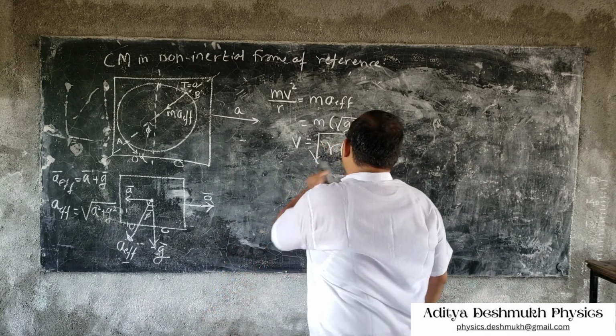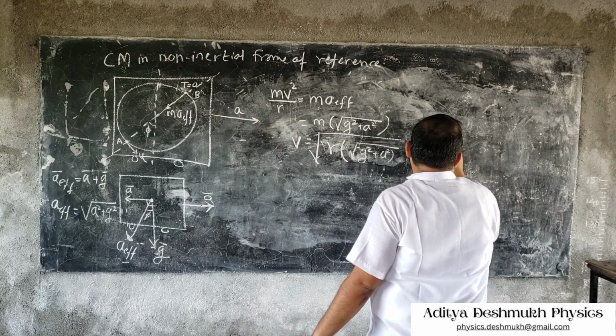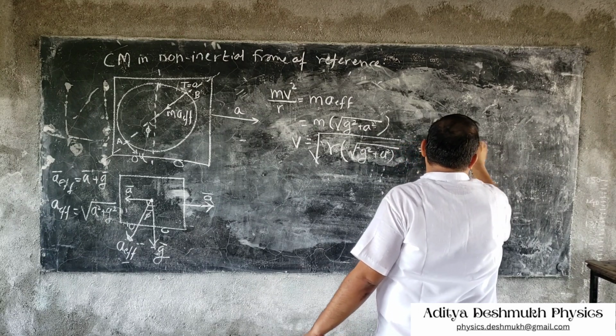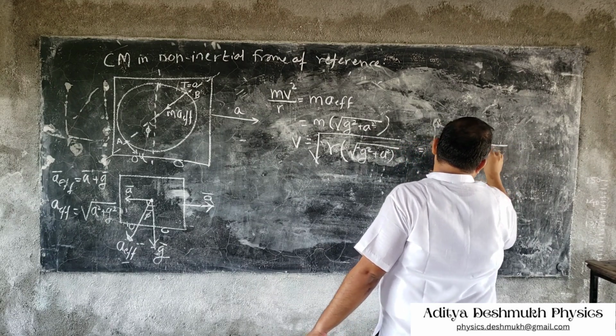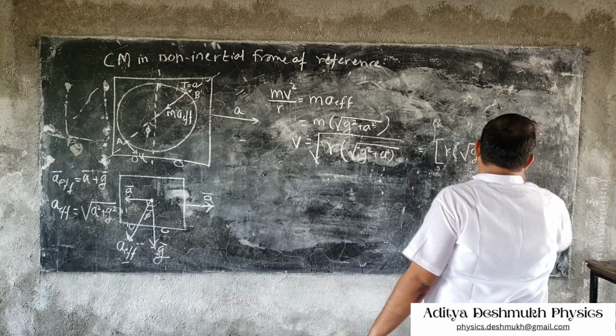If you are getting confused by two square roots, you can write it as r into (g square plus a square) raised to 1 by 2.